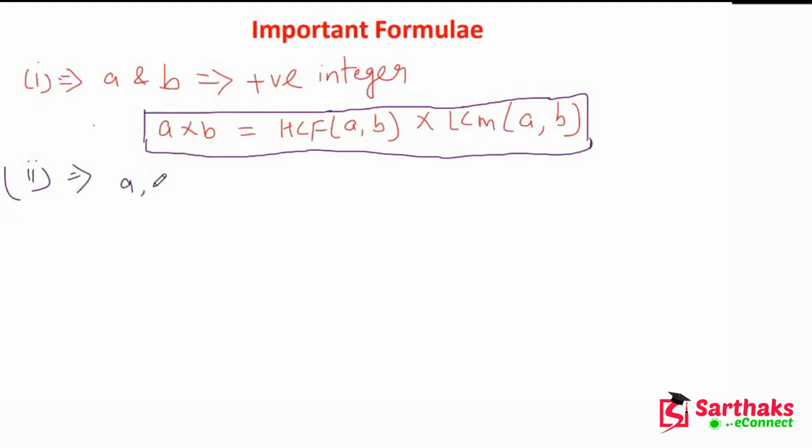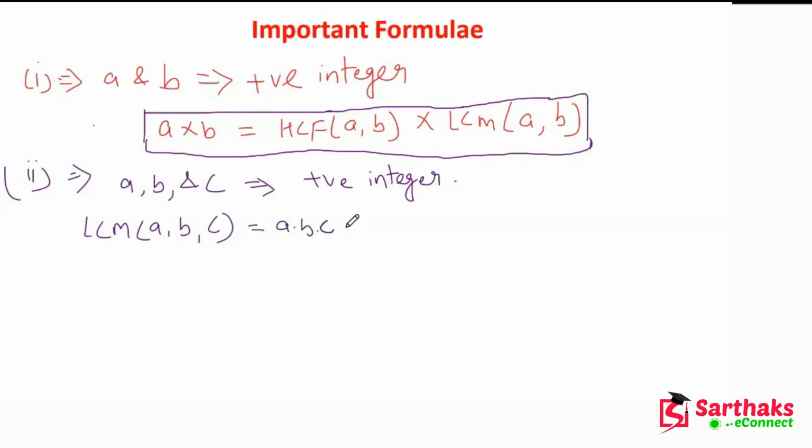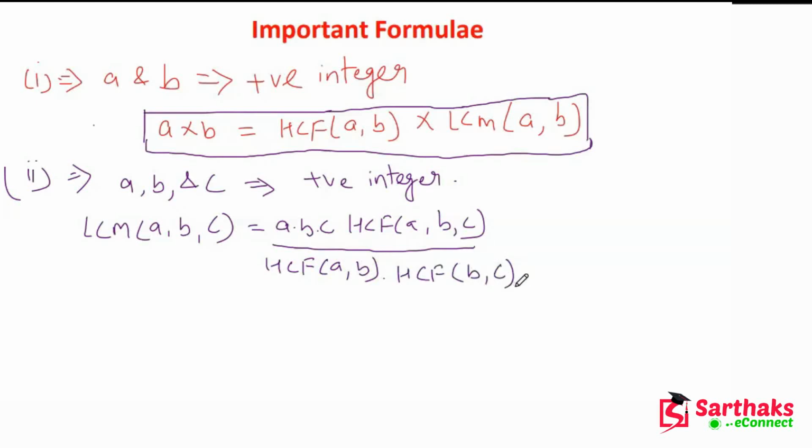If we have three numbers A, B and C, these are also positive integers, then LCM of A, B, C is equal to the product of A, B, C into HCF of A, B, C, divided by HCF of A comma B, dot HCF of B comma C, dot HCF of C comma A. Listen guys, this is not a very dangerous formula.